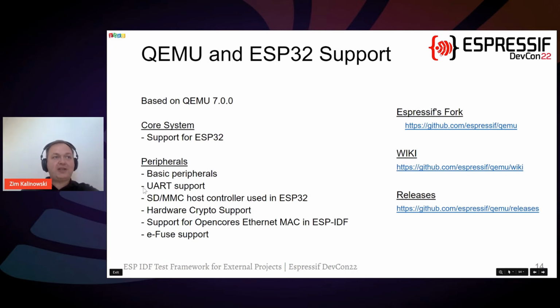We have UART support. We have SDMMC host controller support. We also support, well, that's actually partial support for hardware crypto. We have support for Ethernet. And finally, we already have support for eFuse. This is our current support.